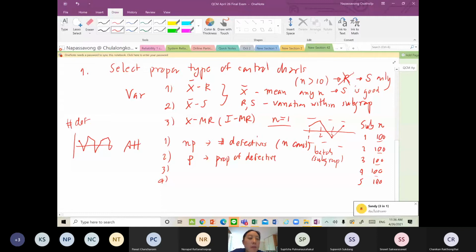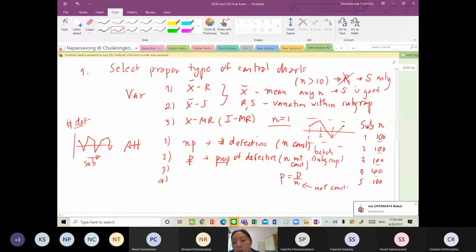Because the number of defective comes from different numbers of parts. So it's not fair to compare between subgroups, right? So if sample size is not constant, you have to use P chart, which shows the proportion. So proportion will compare the number of defective over n, which can be not constant.